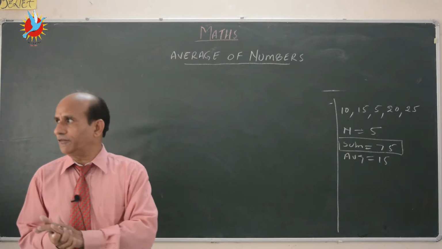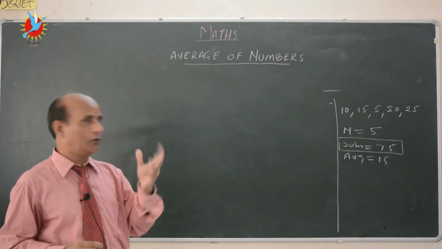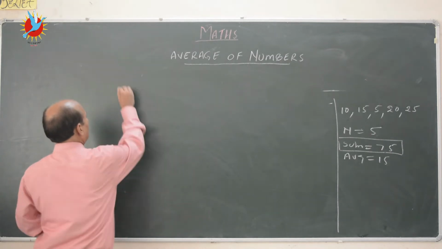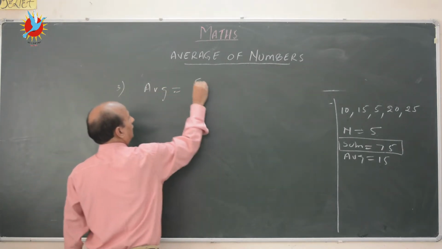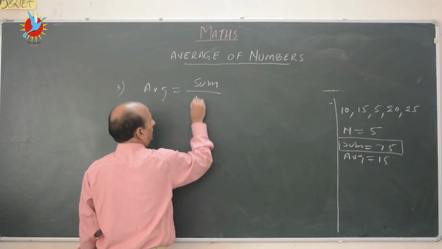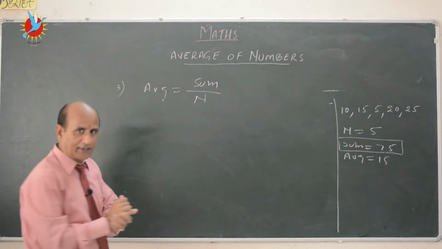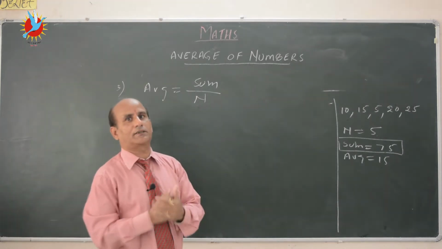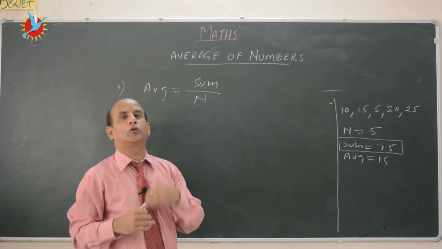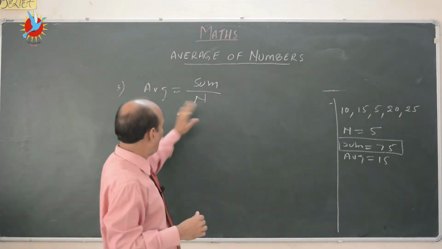So if you want to find the total numbers, the value of n, then which formula is used? Now again use the same formula, average is equal to sum divided by n. Here we want to find the value of n, the total numbers, the total number of students, the total number of numbers. So how to find?